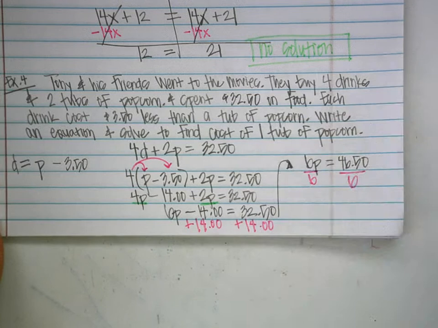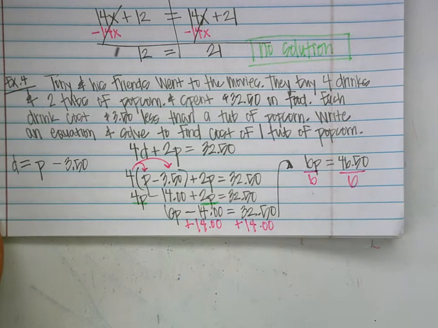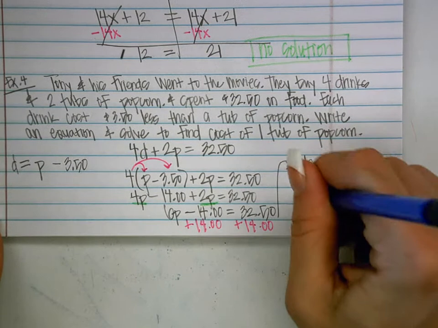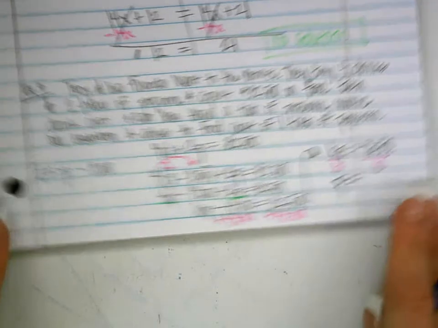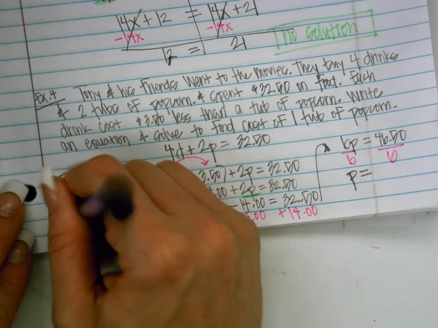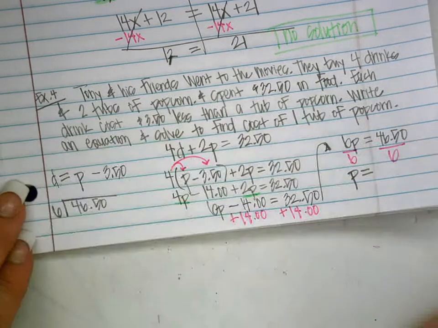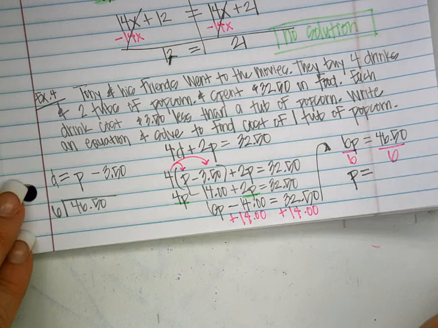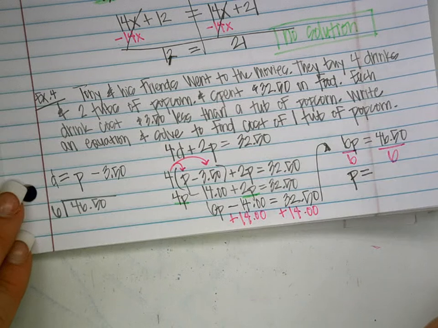What is 6 into 46.50? I want you to work that out on your paper if you need to. Figure out how many times 6 is going into 46.50.